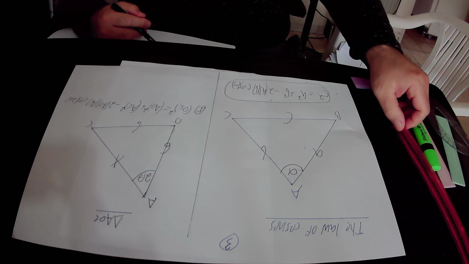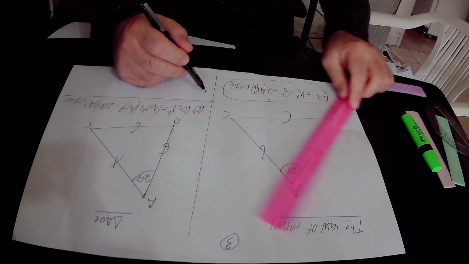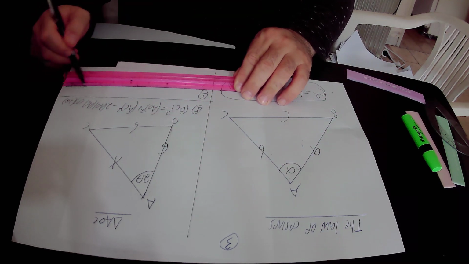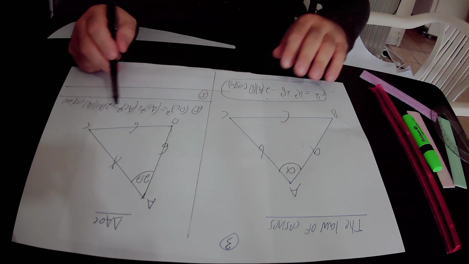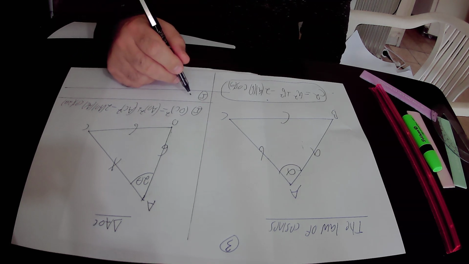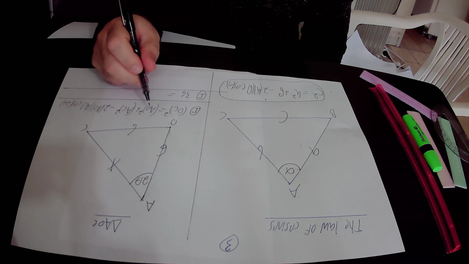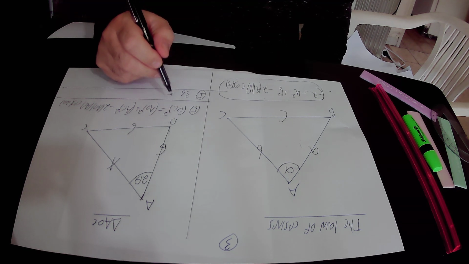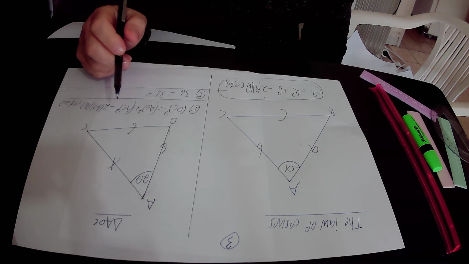Okay? So here, OC equals 6 units, therefore OC square is 6 squared, that is 36, and it is equal to AO squared. AO also equals 6, so AO squared is 6 squared, that is 36, plus AC squared.